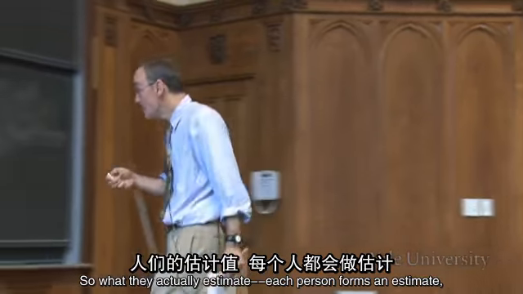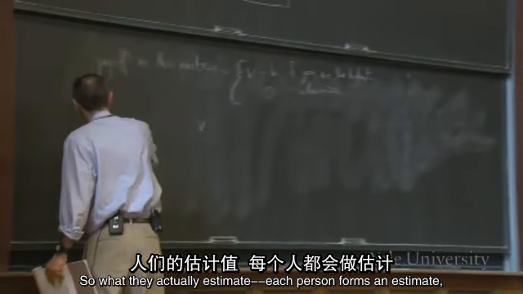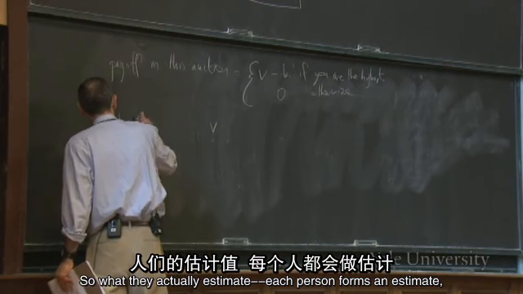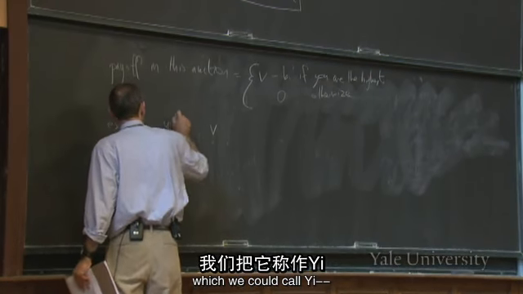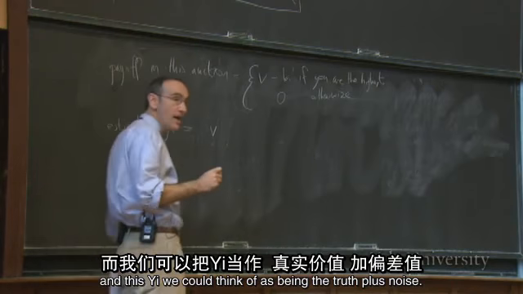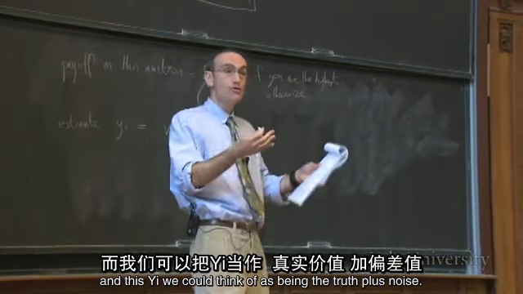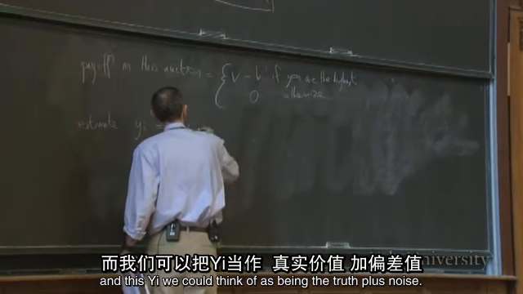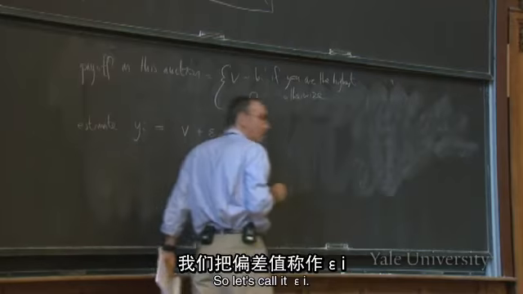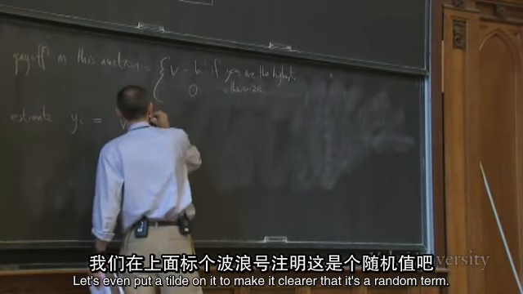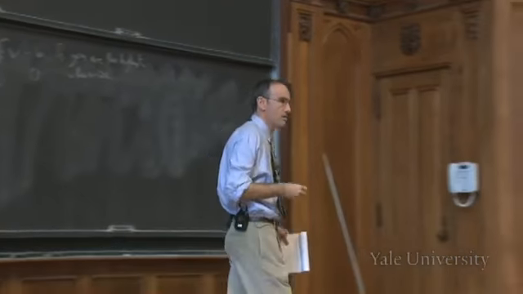So each person forms an estimate, which we could call y_i, and this y_i we could think of as being the truth plus noise. So let's call it epsilon_i. Let's even put a tilde above it to make it clear it's kind of a random term.